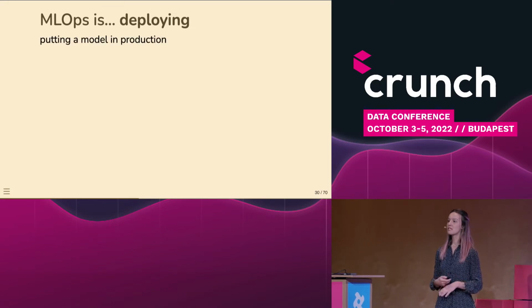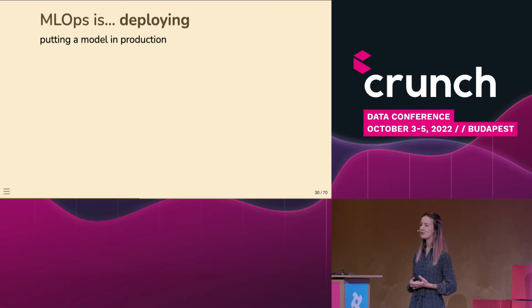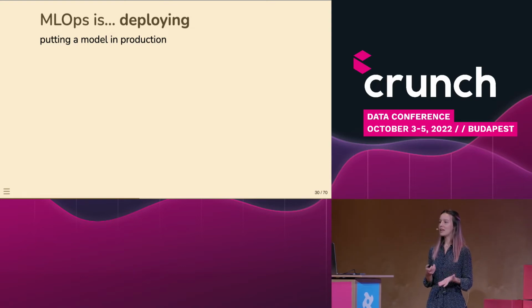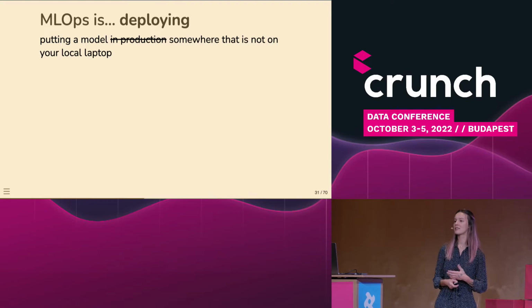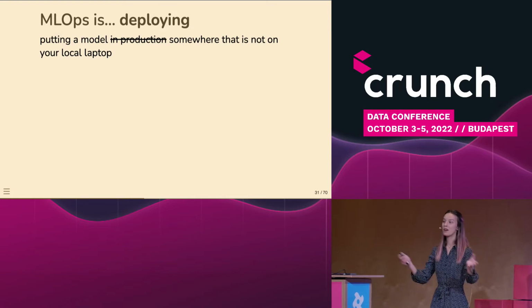Deploying just means putting a model in production, which is a loaded sentence because what is production? It looks very different for different people. But in general, we're going to say that deploying a model is anywhere that is not on your local laptop. This could be inside of an application. This can be just living somewhere or anywhere in between.